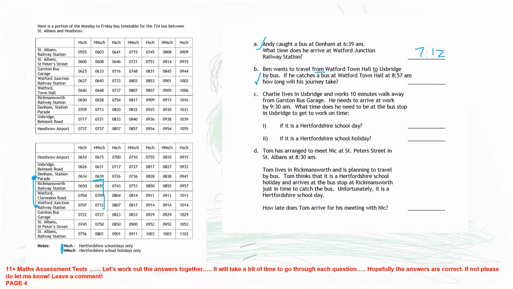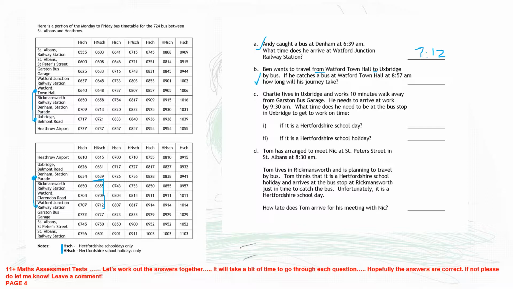We don't have a Watford Town Hall. We have a Watford Junction. Oh, we have Watford Town Hall. Sorry, my mistake. Watford Town Hall to Uxbridge by bus. So he is going from Watford Town Hall. He is going to Uxbridge. Is there only one Uxbridge? Yes, there is only one Uxbridge, the Uxbridge Belmont Road. So he is going from Watford Town Hall to Uxbridge Belmont Road.